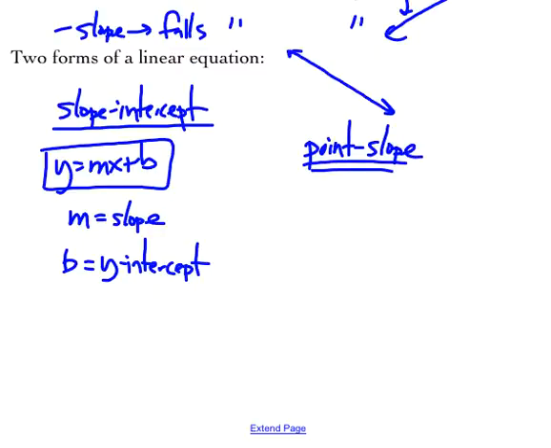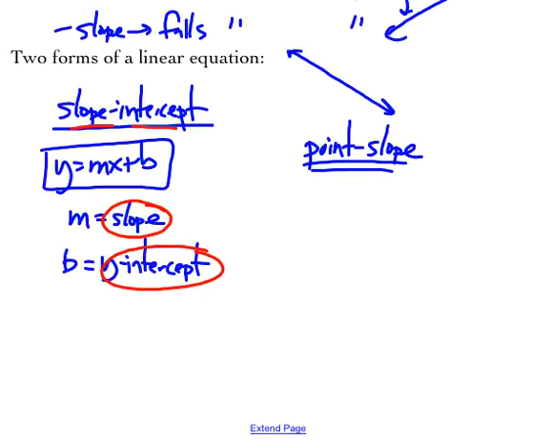And much like the slope-intercept, notice that the way we get the name for that one is if we know the slope of the line and we know the y-intercept, we use the slope-intercept form. This one is very similar in that if we have a location or a specific point and we know the slope of the line, then we can actually find out what the equation is by using, probably a little bit easier to use, this equation.